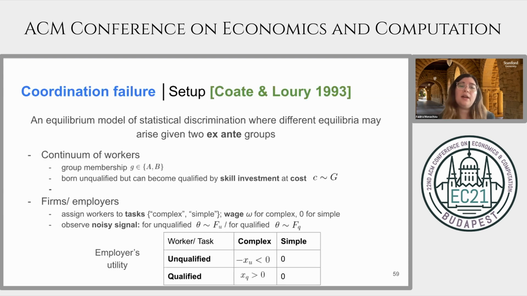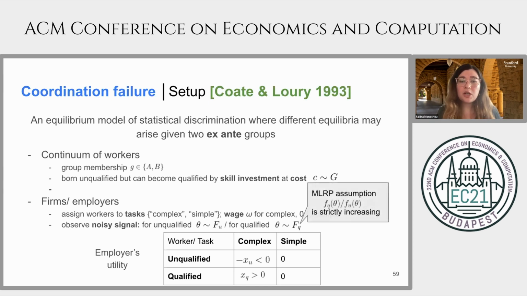We see here again that employers can't really observe the skill investment decision of different workers. So instead, they see some noisy signal. For unqualified workers, workers who didn't make the skill investment, this signal will come from this distribution F_U, and for qualified workers, the signal will come from a different distribution F_Q.